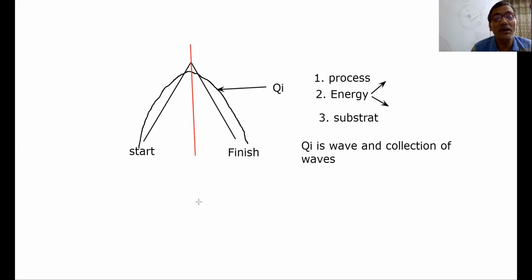So there are two halves of this process. In the first half, the activities, the function, the movement is increasing continuously. And on the other side of the process, the movement is going down, the activity is going down.